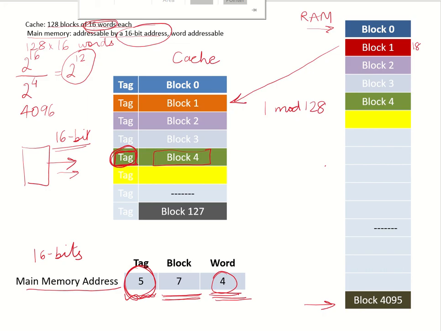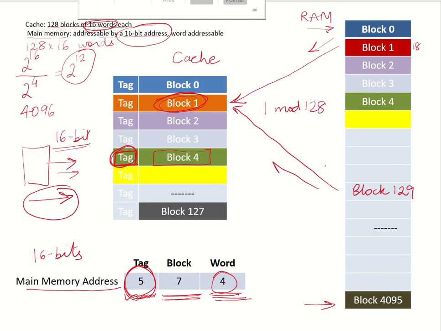Similarly, if we have block 129 of the main memory, this will also map to block 1 of the cache. When the processor sends out an address, how does it know whether block 1 of main memory is present or block 129 of main memory is present?